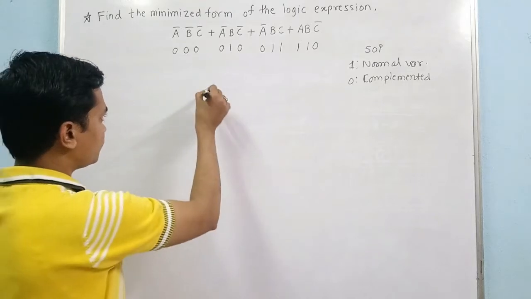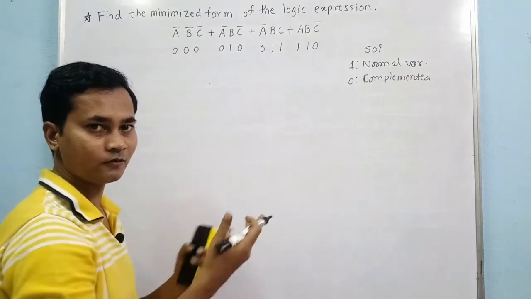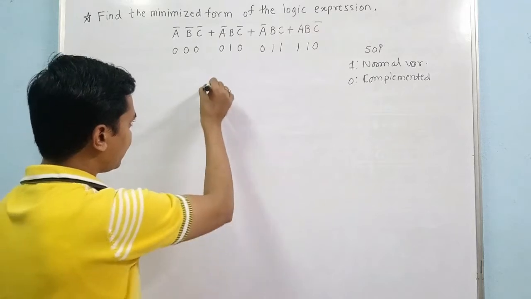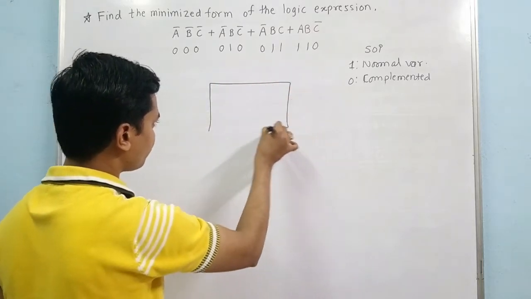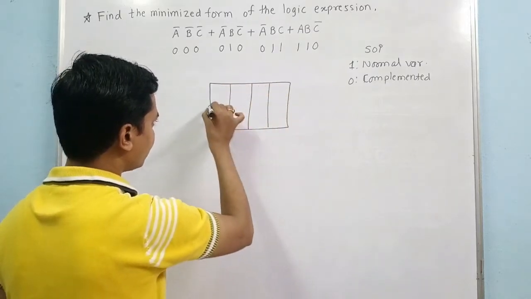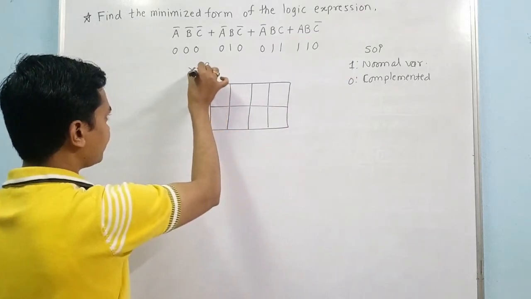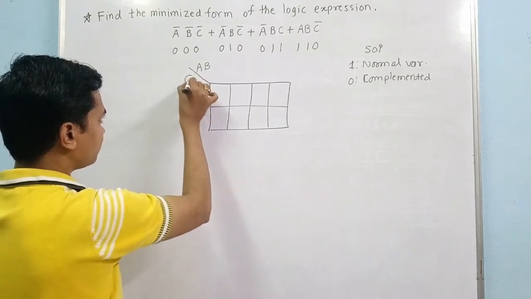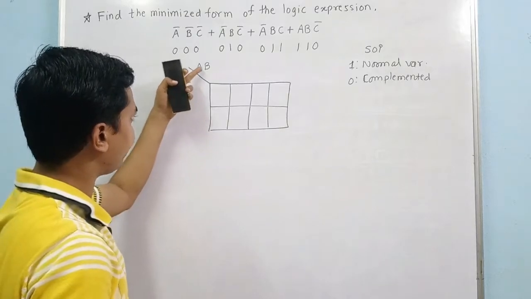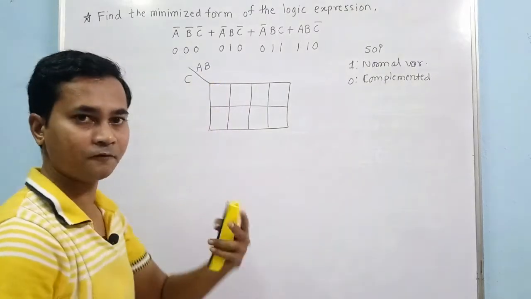Now we have to draw the K-map. 3 variables are given, that means 2 raised to 3 is equal to 8 combinations. So we have to draw the 2 by 4 K-map. This is our 2 by 4 K-map. For columns we will consider the a and b variables, and for rows we will consider the c variable. 2 bits make 4 combinations.